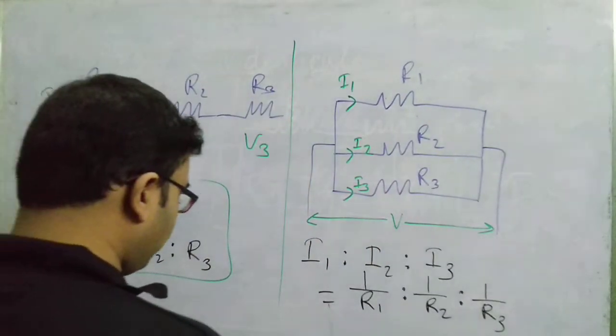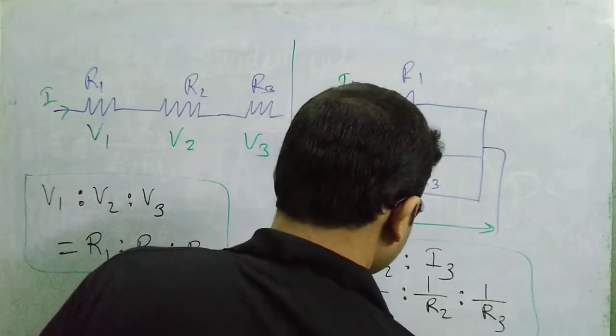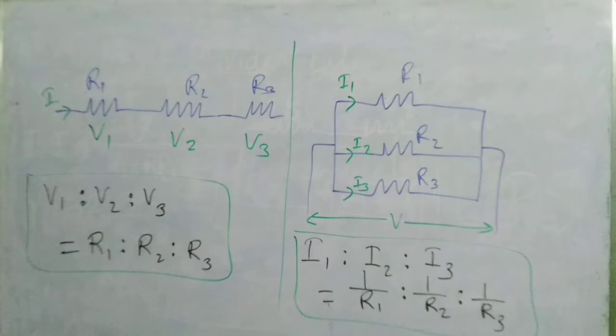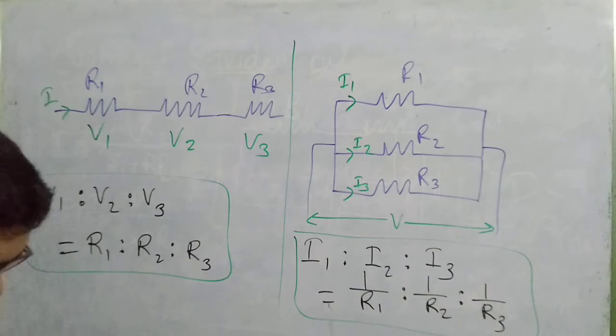Not a formula, actually it's a concept. You can memorize it by understanding the concept. Then it will be easier for you to remember as well as to apply in the problem. So these are the few basic concepts.